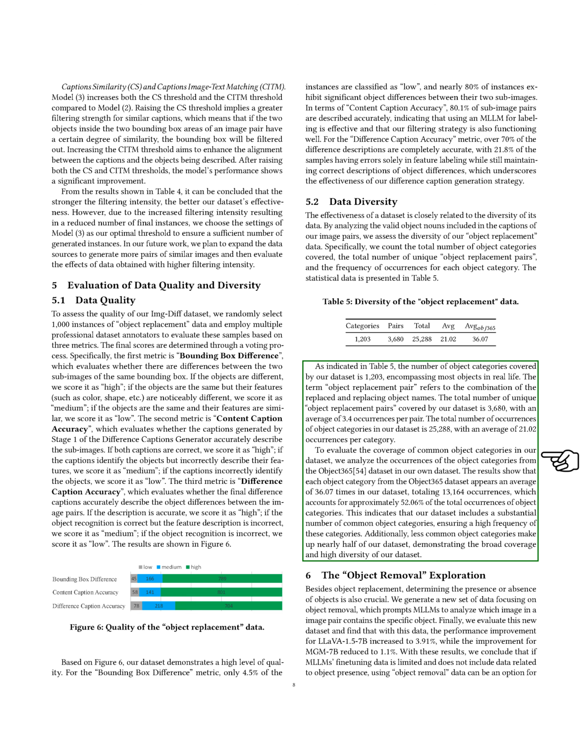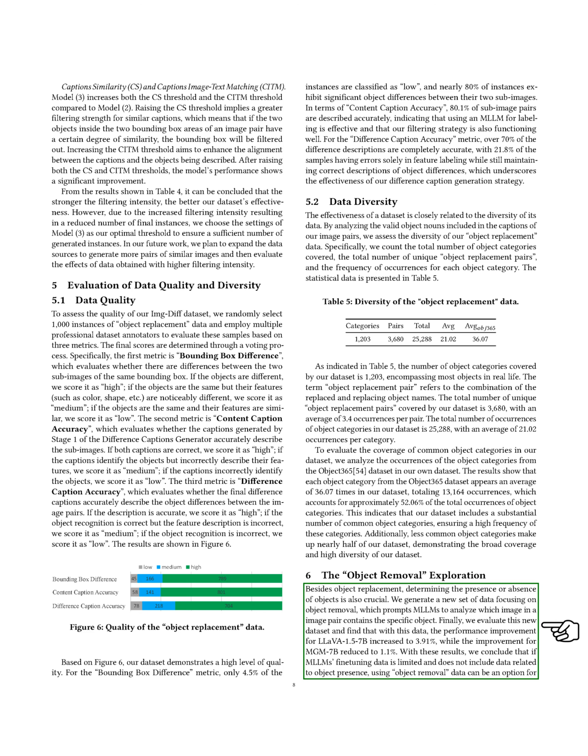Next, we explore object removal. We create a new dataset that focuses on identifying the presence or absence of objects. This prompts MLLMs to determine which image in a pair contains a specific object.